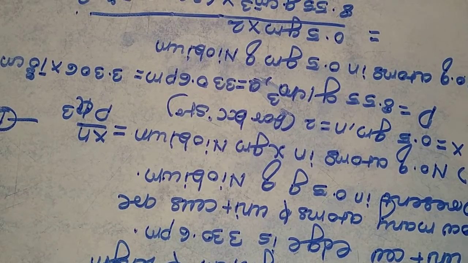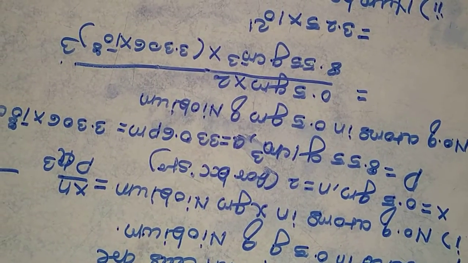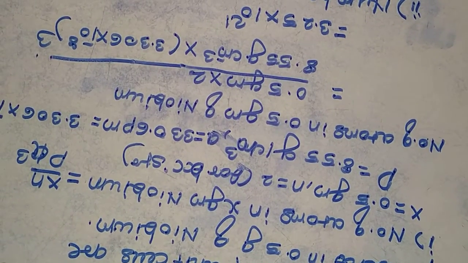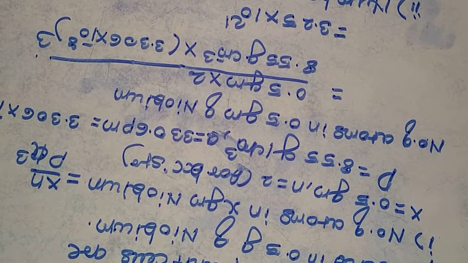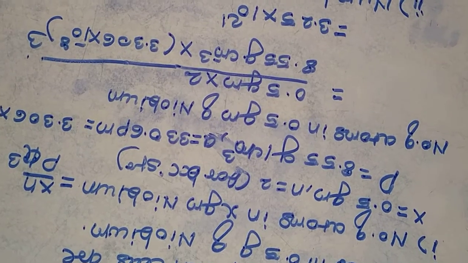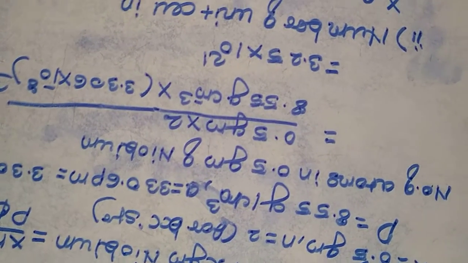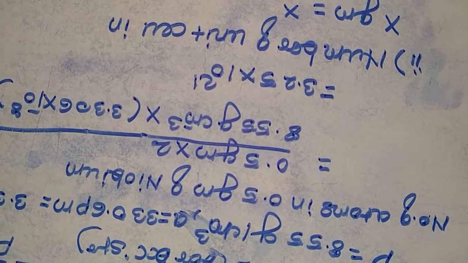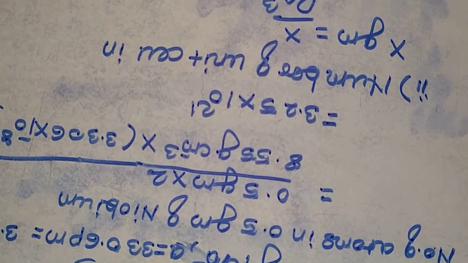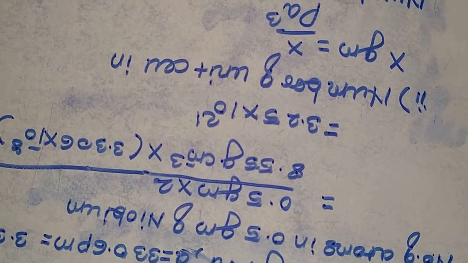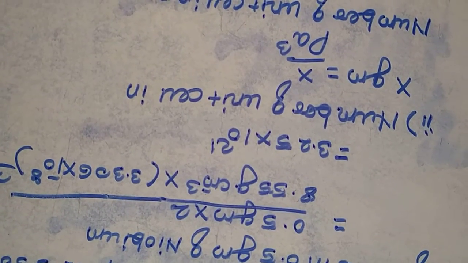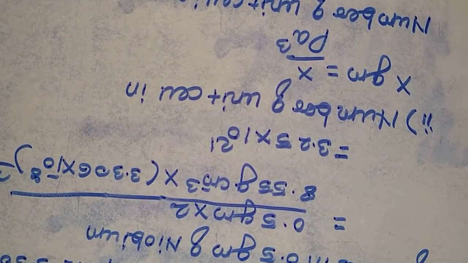Simplifying it, the number of atoms in 0.5 gram of niobium comes to 3.25 into 10 raised to 21.